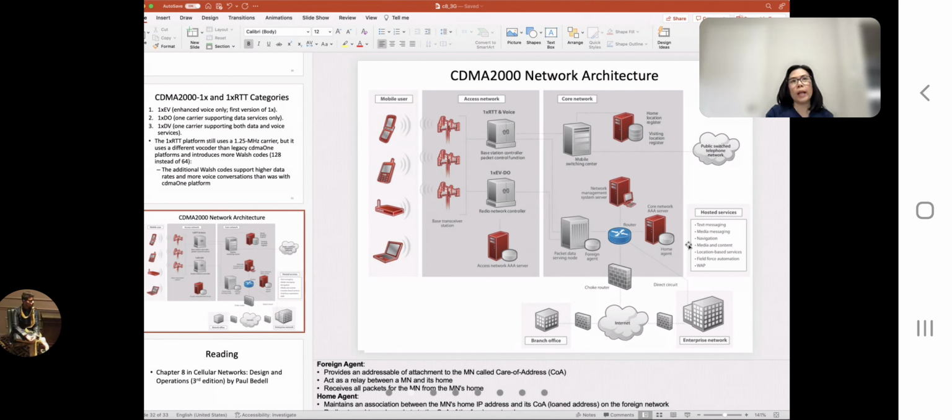So if someone sends you a letter or a package, the residence manager would receive the packet and then deliver it to you. The address of the residence is called a care of address, and the residence manager serves as the foreign agent.